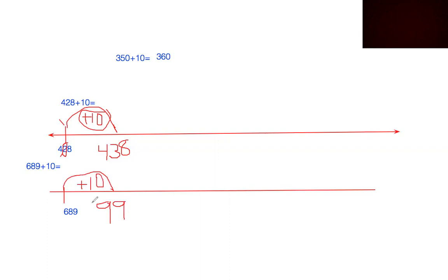You're correct, it stays the same. Remember that when adding tens, the only thing that changes is the tens place. So 689 plus 10 gives us 699. Very good. Now let's try to add with 100s.